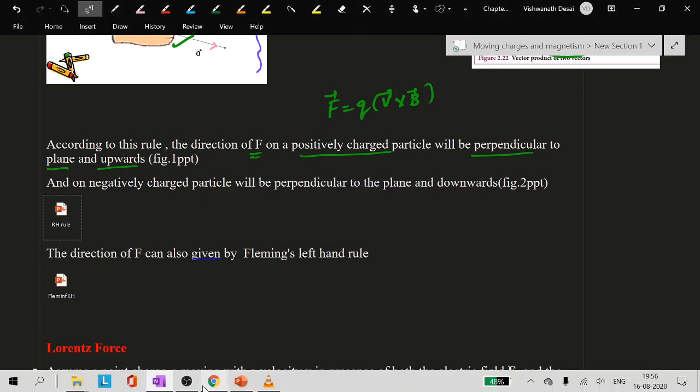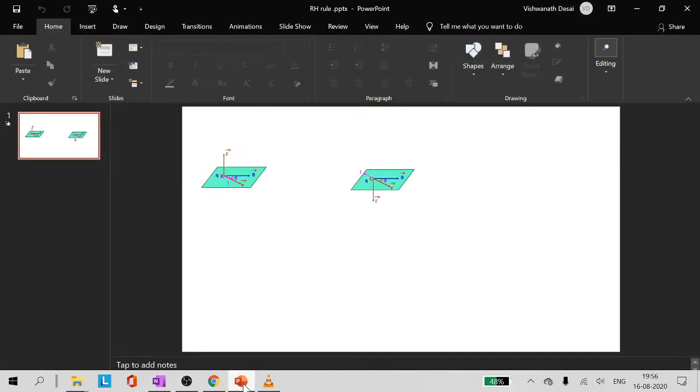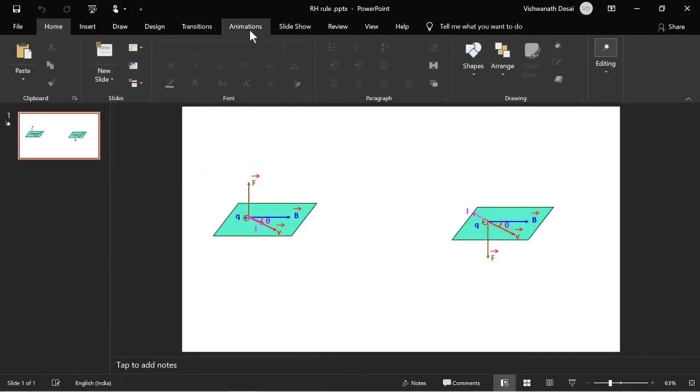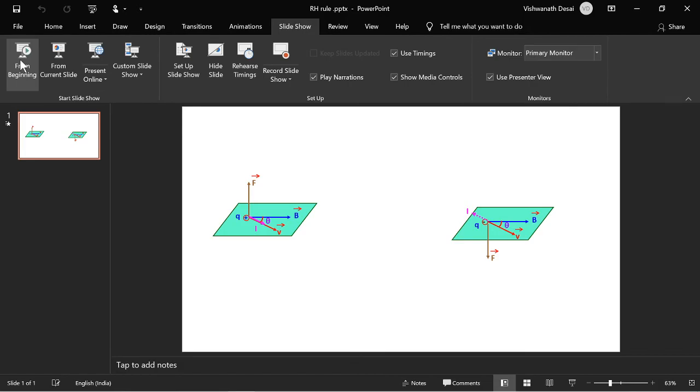Now see, this is a plane and this is the direction of the magnetic field. The magnetic field is already applied.